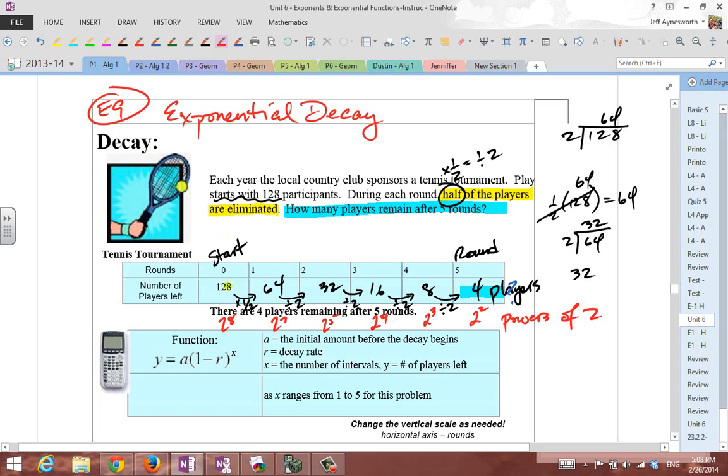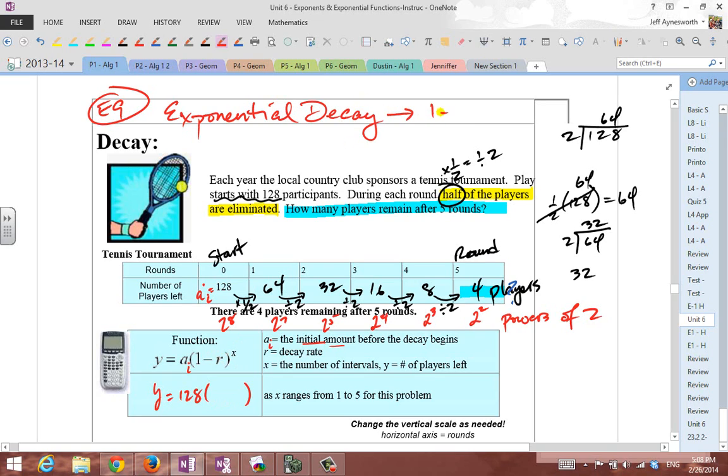Okay, now we know that we started off with 128. And going back to our function here, a sub i is our initial amount, i standing for initial. Well, in this case, a sub i equals 128. So we know that the function looks like 128 times something. Our base here is 1 minus r, because it's decay now.